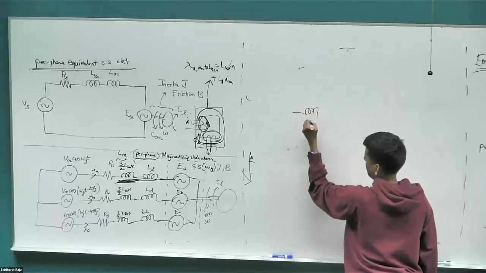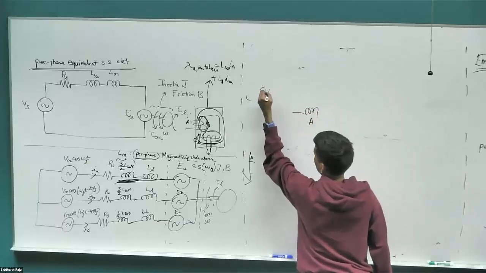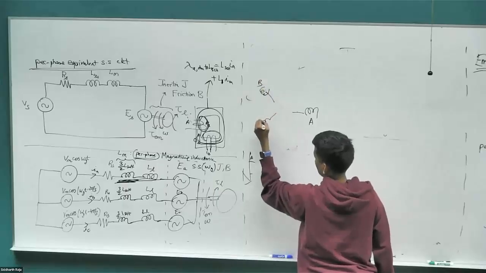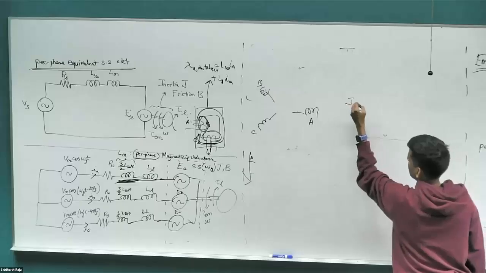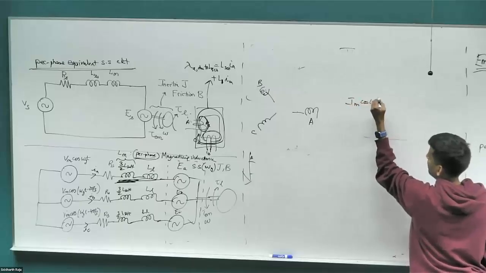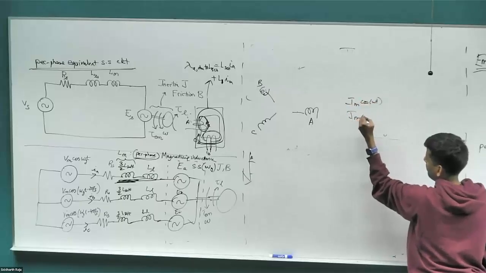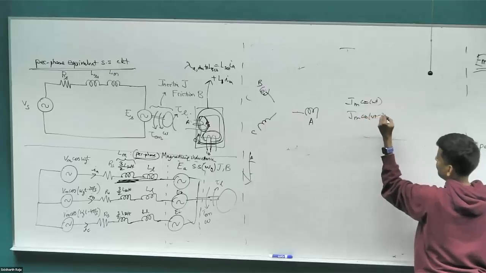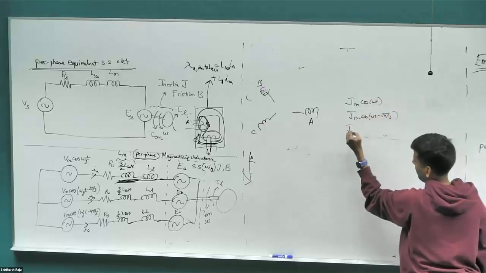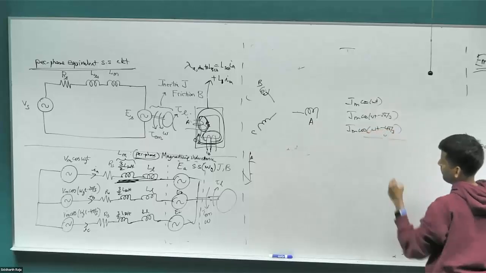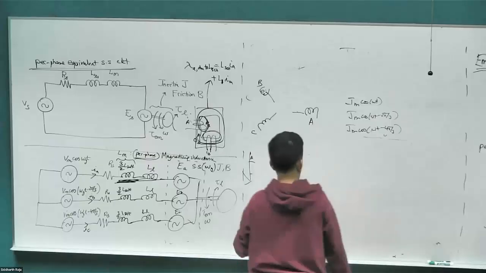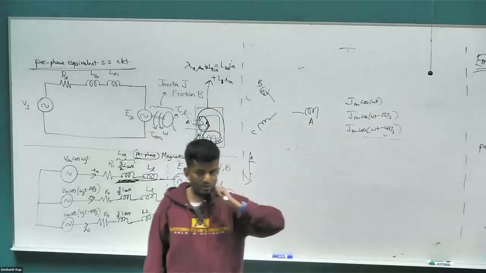We have the A phase coil here, B phase coil here, C phase coil here, and the currents are Im cos omega t in the A phase, Im cos(omega t minus 2 pi by 3) in the B phase, and Im cos(omega t minus 4 pi by 3) in the C phase. At time t equal to 0, where will the current space vector be pointed?